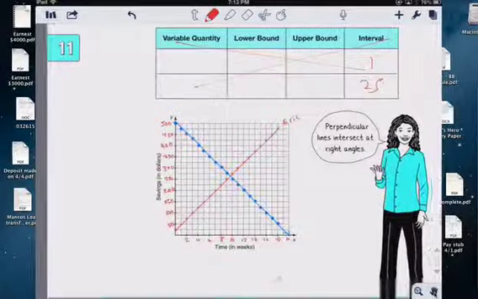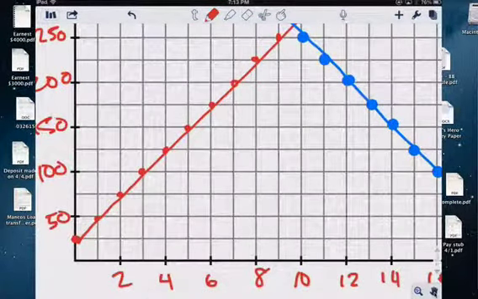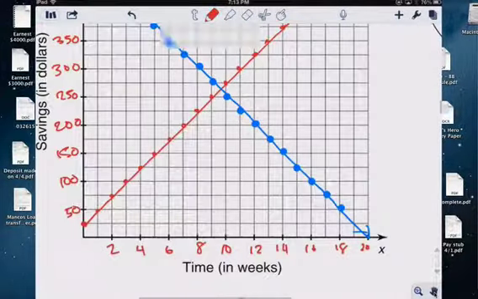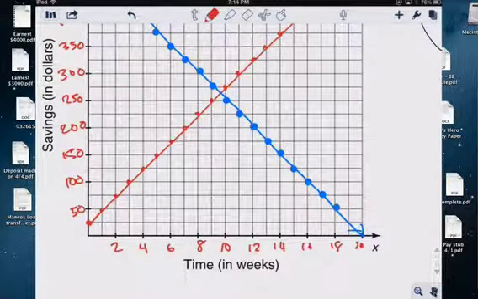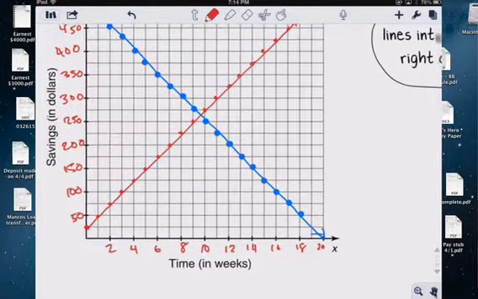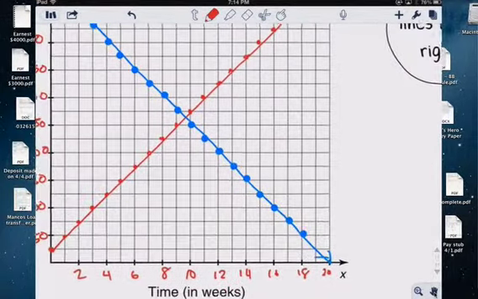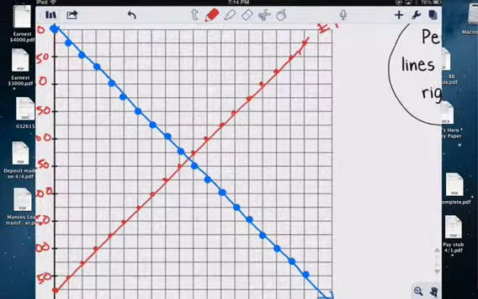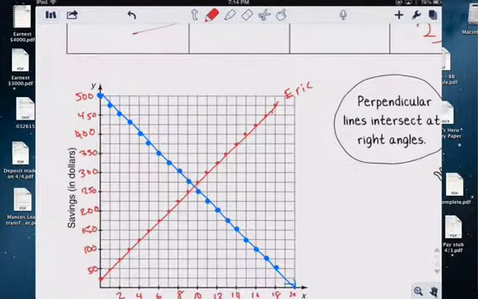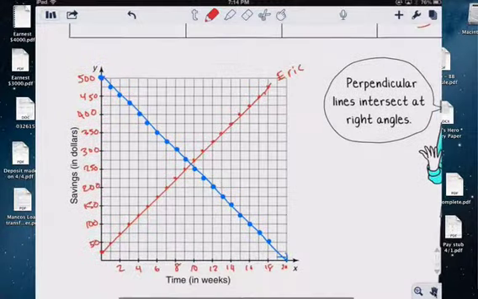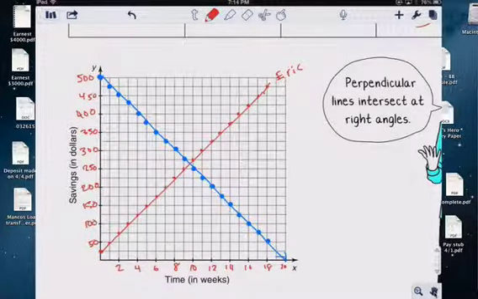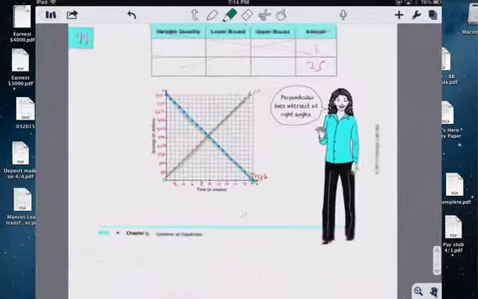I counted each block by 25, but the tallies were 50s. Okay, and that's what we did. And that's Eric, and that's his sister Trish. See, the line is going down because she's spending all her money. At the very bottom, all her money is gone at $0. Well, Eric's saving it.